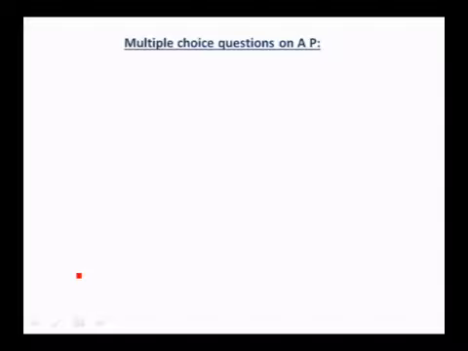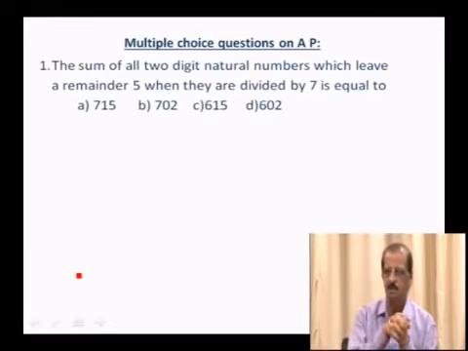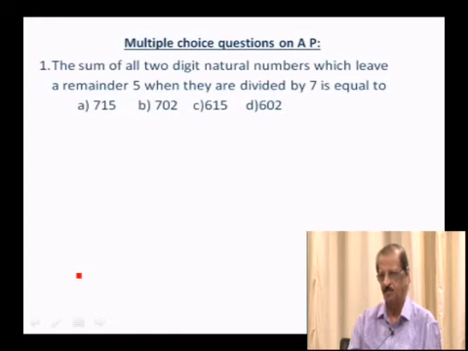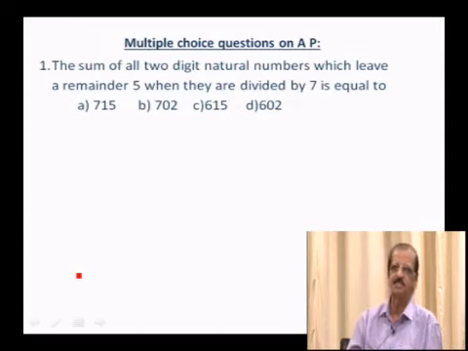So let us discuss the multiple choice questions on this AP, one by one. Here I have a question. The sum of all 2-digit natural numbers which leave a remainder 5 when they are divided by 7 is equal to? First of all, the 2-digit natural numbers must start from 10, 11, 12 etc. up to 99. Out of these numbers, the first number which leaves the remainder 5 when divided by 7 is 12.